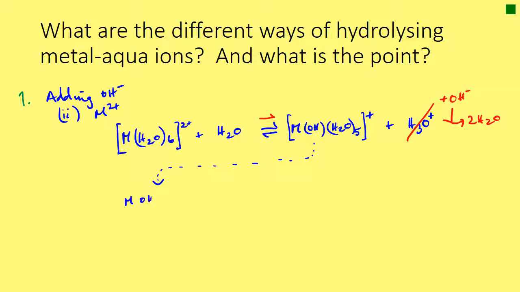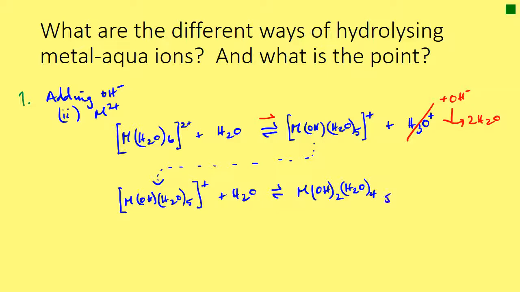Writing it out again, we've got our 1 hydroxide ligand, our 5 water ligands, complex with the 1+ charge, reacts with 1 water molecule in equilibrium with our metal ion and 2 hydroxide ligands, 4 water ligands, but this time we don't write the square bracket, we just write solid in there because it is now neutral, and we've made another hydroxonium ion, don't forget that, and that's our 2 steps to create this solid precipitate.